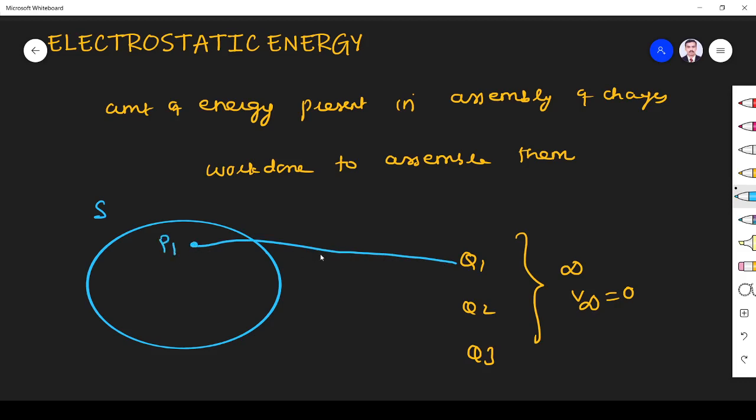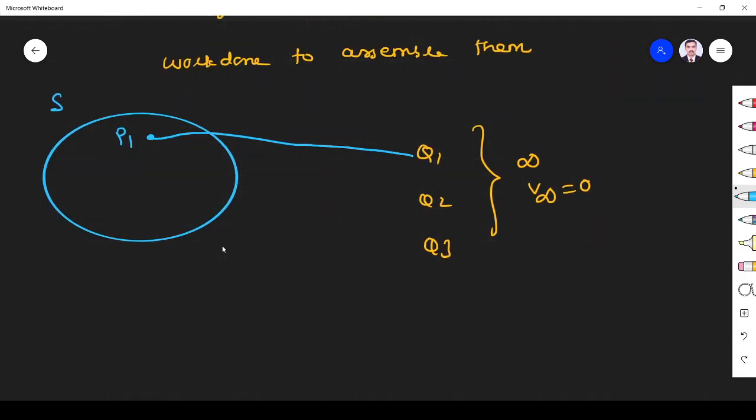Now how much work is to be done to move q1 to point P1? The work done must be 0. Work done, W1, is nothing but the work done to move a charge q1 from infinity to point P1. Why? Because we know that work done is given by minus q into the integral of E dot dl, from infinity to point P1.